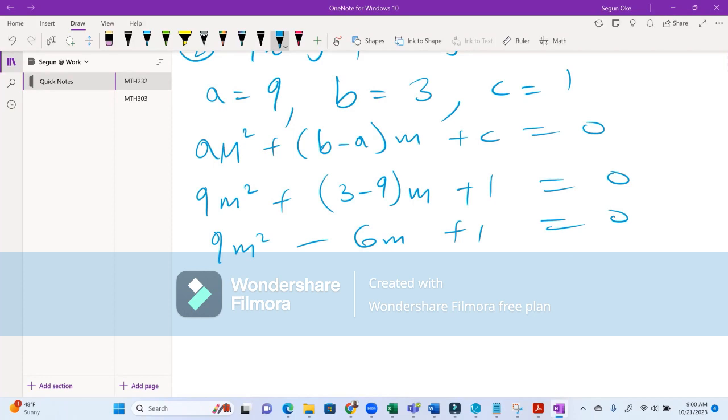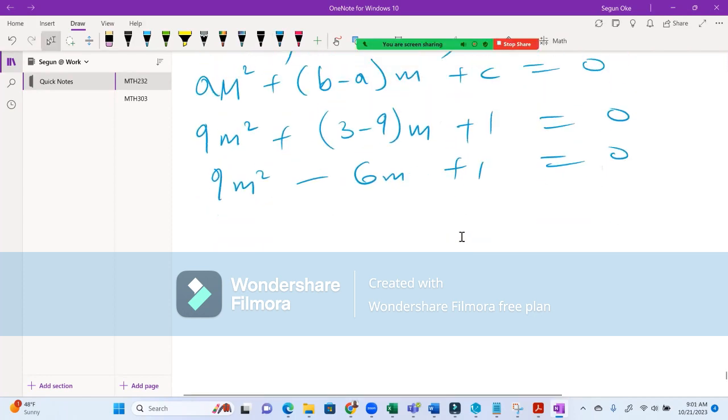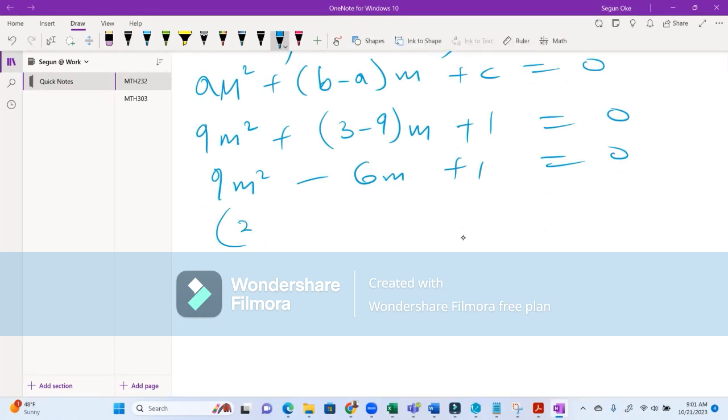So how do I factorize this? What do I need? We need two numbers. We need 3m and 3m, with a minus, which would be equivalent to 9 and 6.